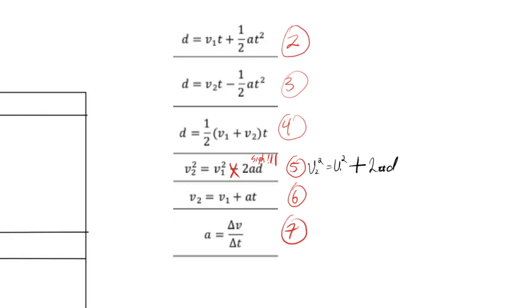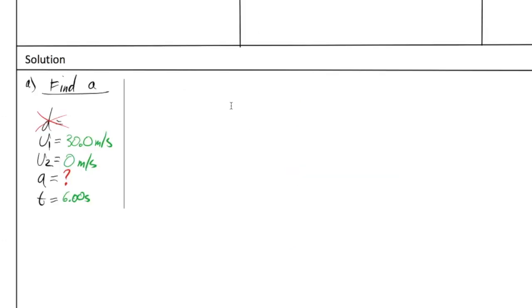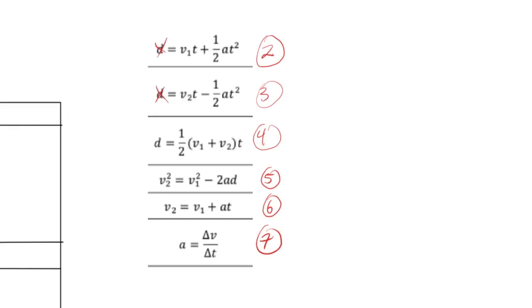All right, so process of elimination. We want an equation that does not have distance in it. So these equations here are all disqualified because they have the letter D. That leaves equation 6 and equation 7. So which version of the equation do we wish to work with?